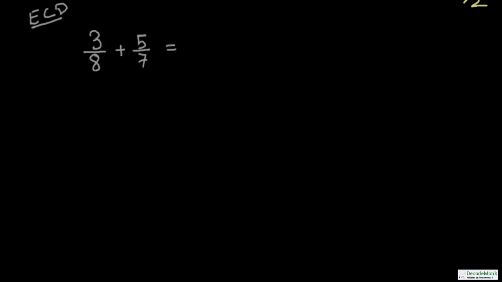So we are going to convert both these fractions into their respective equivalent fractions and making their denominators same. Now the trick over here is to take the denominator of fraction 1 and multiply. Let me write the fraction again. 3 by 8 plus 5 by 8.